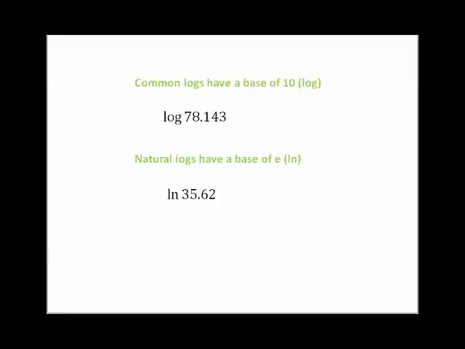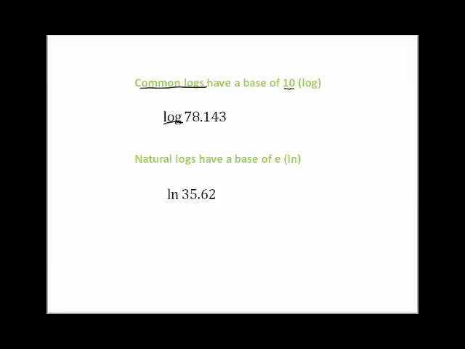The first one is the common log. When we write the word log, that refers to the common log. And these have a base of 10. This is what we usually work with in industry.